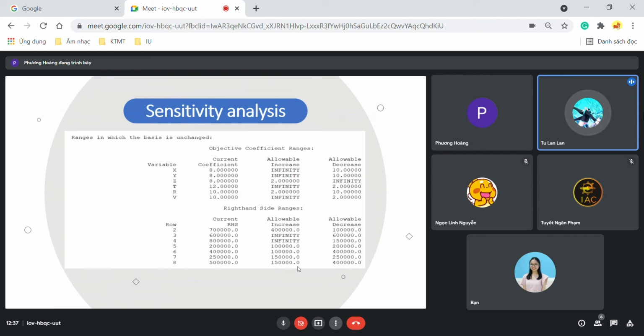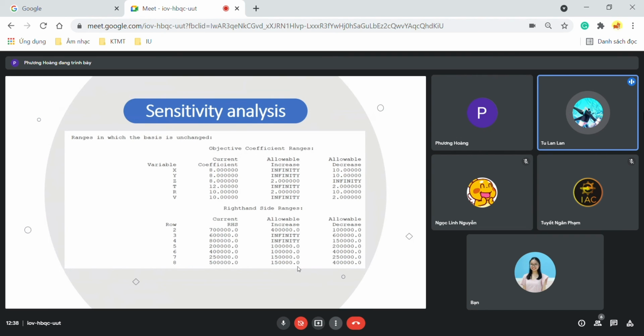Then we found the allowable range of the coefficients in the objective function: for x11, it comes from -2 to infinity, x12 from 2 to infinity, x14 from negative infinity to 10, x23 from 10 to infinity, x33 is from 0 to a, and x34 is from 8 to infinity.